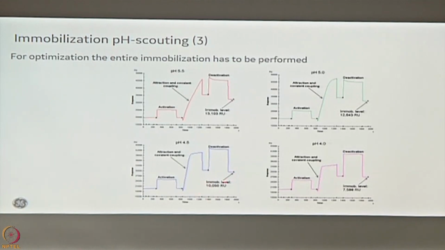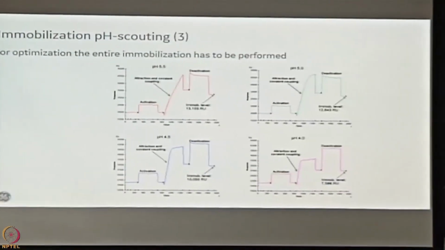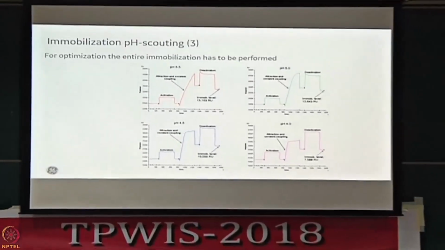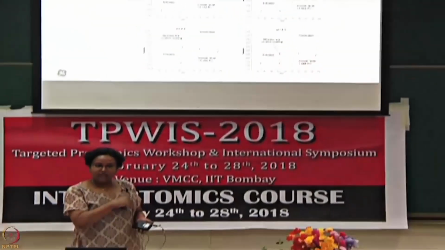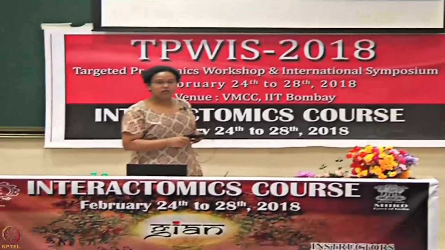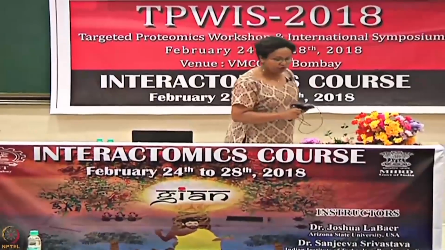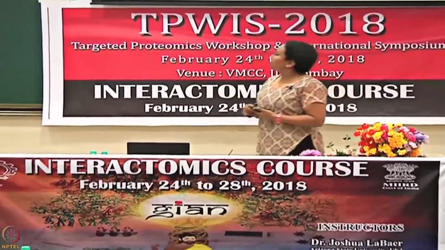At 4.5, there is a reduction, it is much less, and then 4 is even less. Whereas our pre-concentration earlier showed that with 4.5 and 4 it was still increasing, here you are actually attaining a much lesser RU compared to pH 5 and pH 5.5.